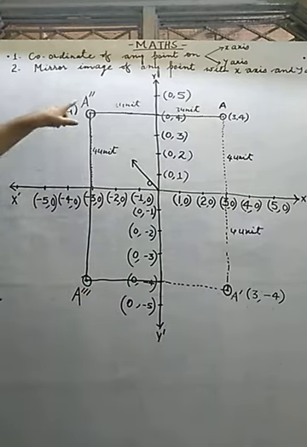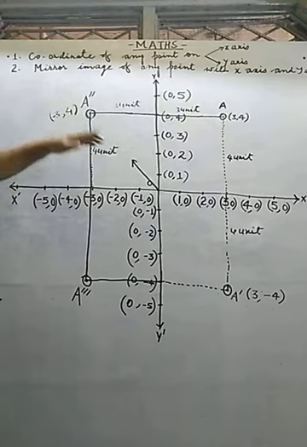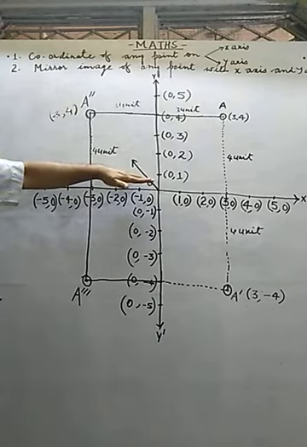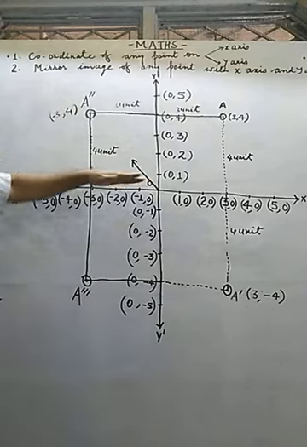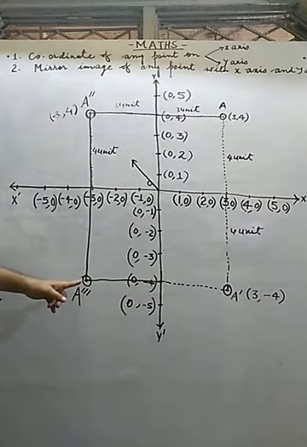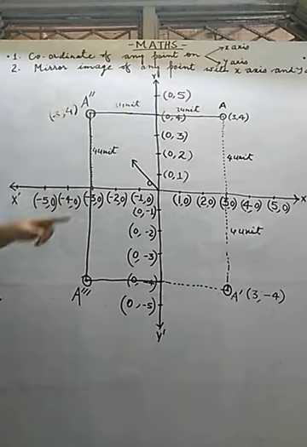This is the mirror image of A double dash. With respect to which axis? X-axis. Now you may observe what will be the coordinate of this one. I told you the magnitude will be the same. Only what will be changed there? Only the sign convention of abscissa and ordinate will be changed.